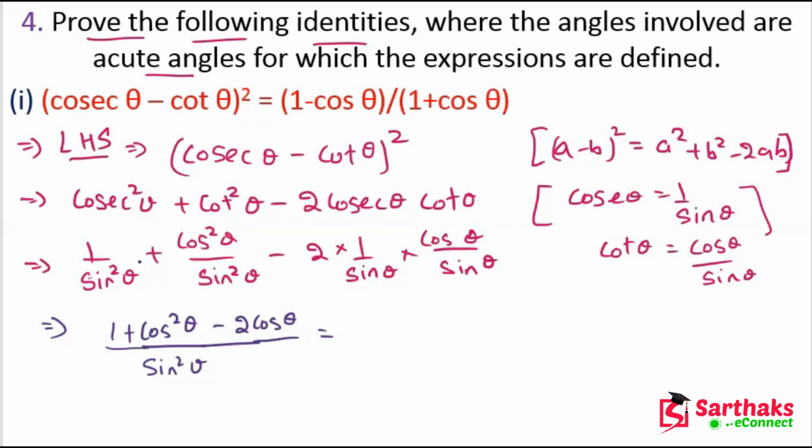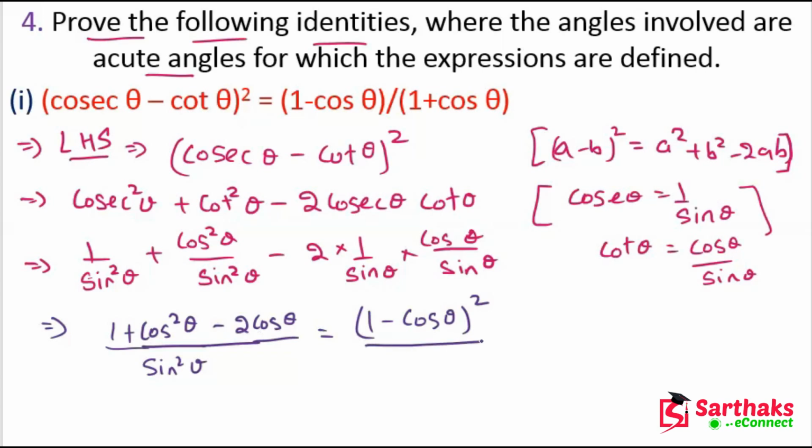Okay, so if we observe this, 1 plus cos square theta minus 2 cos theta, this is the formula of (1 minus cos theta) whole square. If we expand this, we get this.